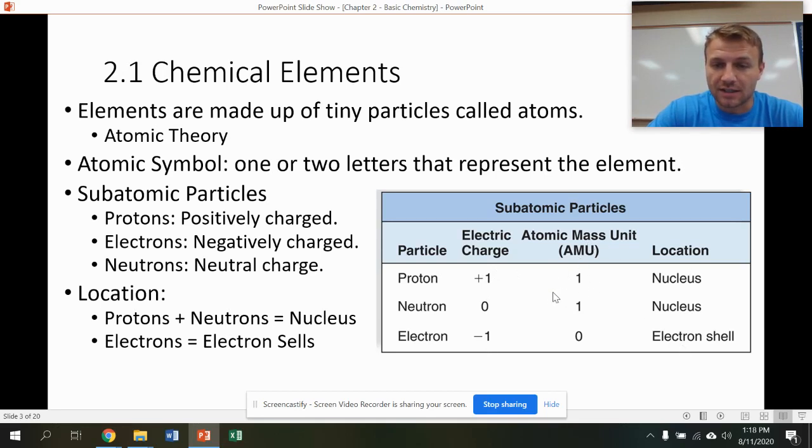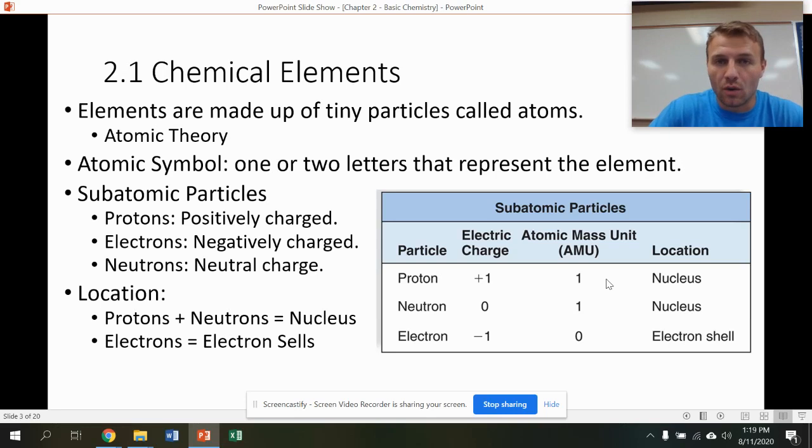What I'm going to talk about next is the atomic mass unit. All you have to really know about the atomic mass unit is it's a way of measuring how heavy a subatomic particle is. Protons and neutrons roughly have about the same AMU, or atomic mass unit. They roughly have the same weight. It says 1 here, but again, once you dive deeper, there's some differences. We're not going to get into those differences, but they have about the same atomic mass unit.